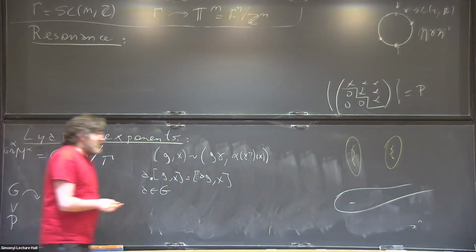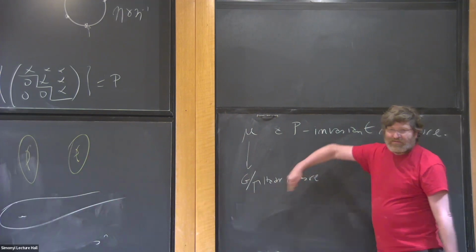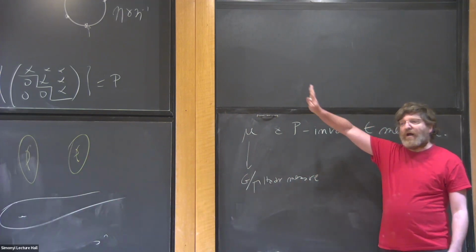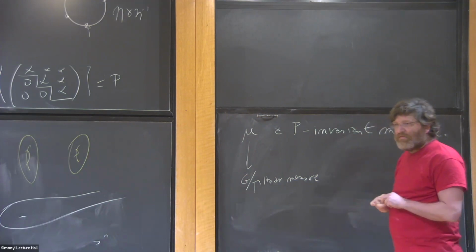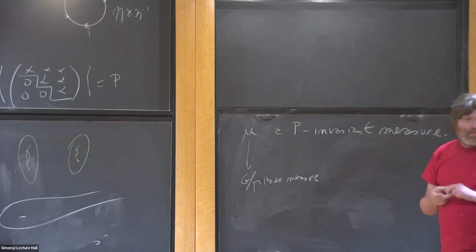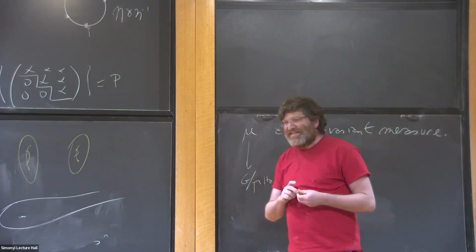And actually, you put Haar measure downstairs, and your averaging is only happening in the fiber, which is compact. So life is nice. But M is assumed to be compact. M is assumed to be compact, yes.